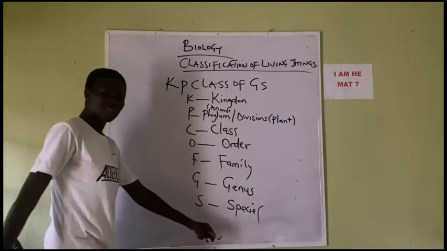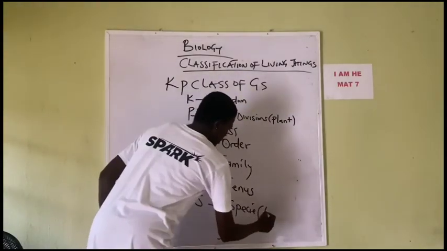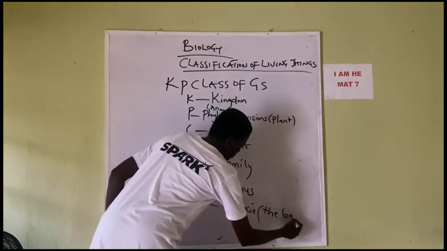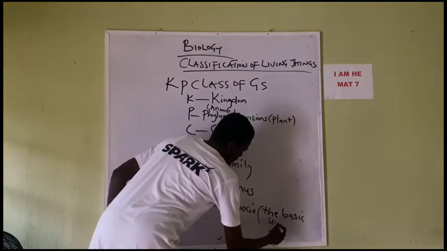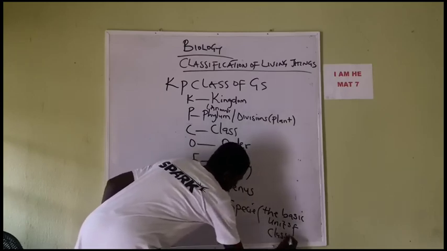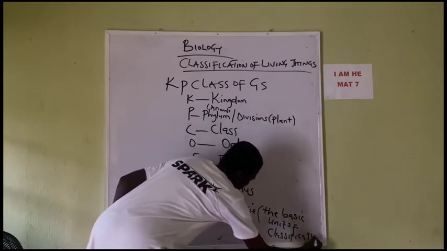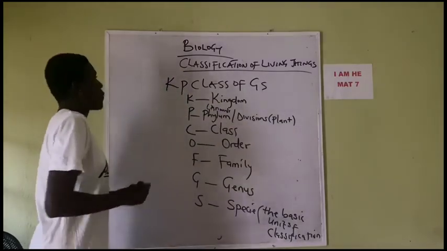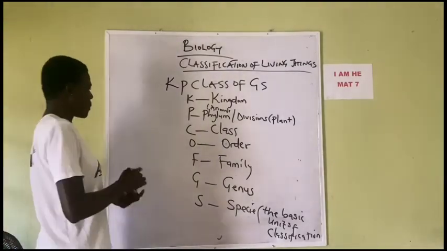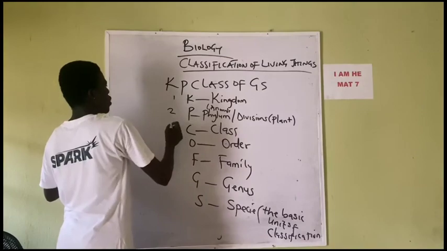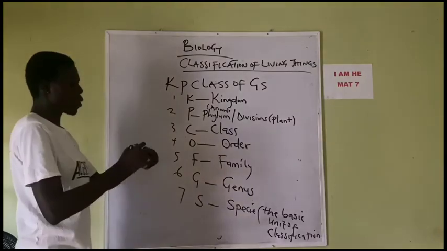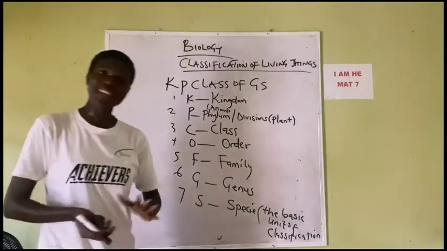Now species is the basic unit of classification. Okay, so Carl Linnaeus started with this order, about seven of them. This is 1, 2, 3, 4, 5, 6, 7. So this is the order in which living things were classified.